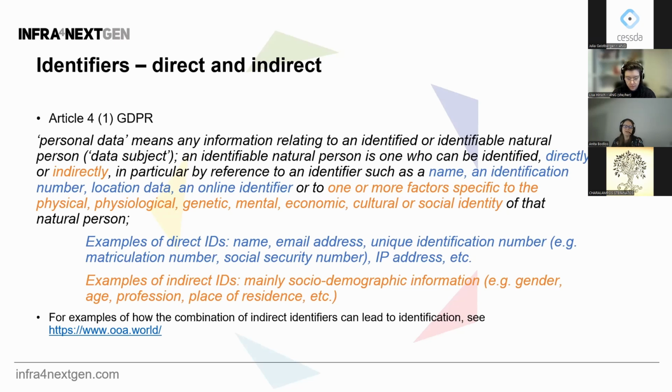So mainly any kind of socio-demographic information: gender, age, profession, place of residence, etc. The tricky part here is that this piece of information individually may not lead to your identification, but if this information is combined, you may be identified or identifiable.